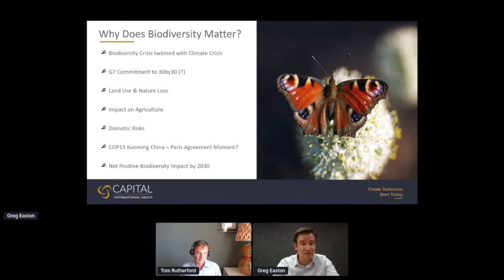Two of the direct equities that we cover, Schneider Electric and Ørsted, have come straight out with a net positive biodiversity impact statement by 2030. Most companies have come out with their sustainability and impact reports and their commitments from a climate change perspective. And Tom, are you expecting to see the same now happening from a biodiversity perspective over the next couple of years?